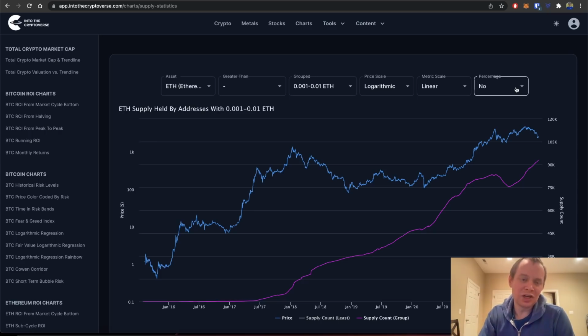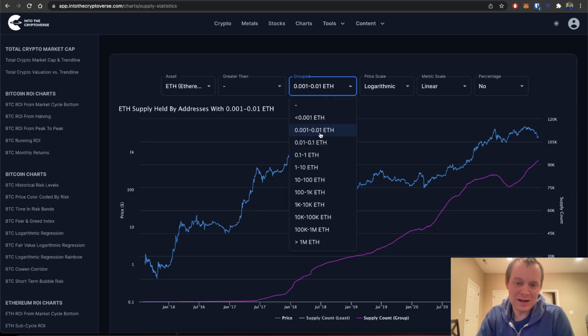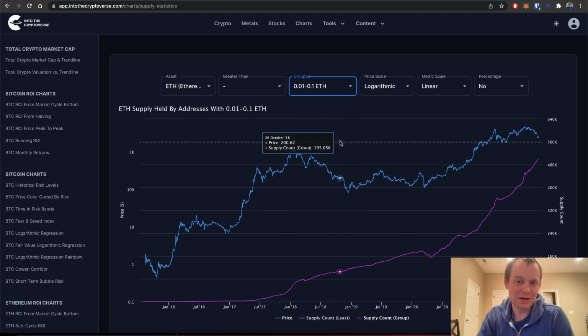It could just be that they were accumulating during that time and therefore went into the next bracket, which is this one. Okay, so there's certainly different ways you can interpret this data, and it's hard to know exactly what's going on. It's hard to know, is it because they're selling, or is it because they're accumulating and going into a different bracket? There's definitely a lot to unpack.